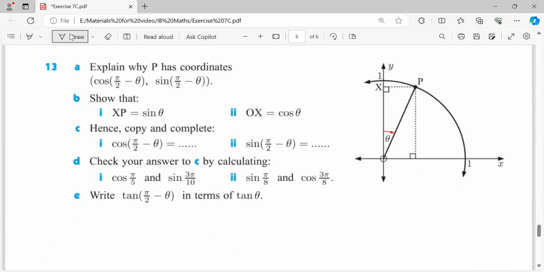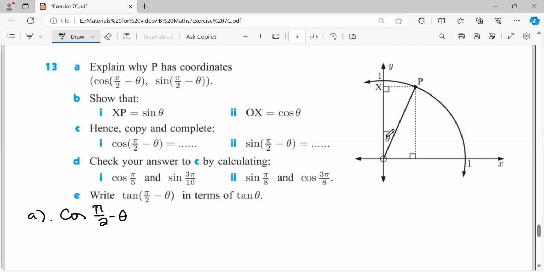Number 13. Explain why P has coordinates cos of pi over 2 minus theta.